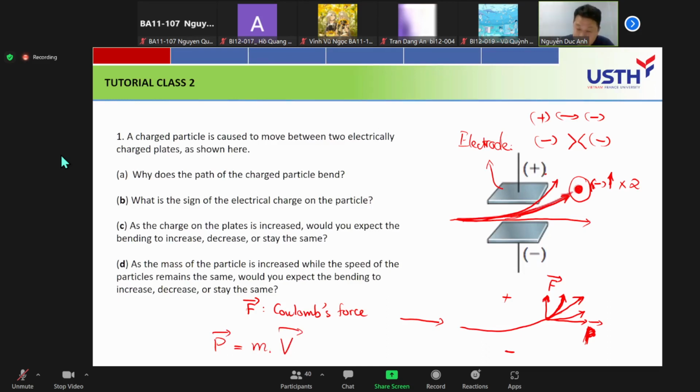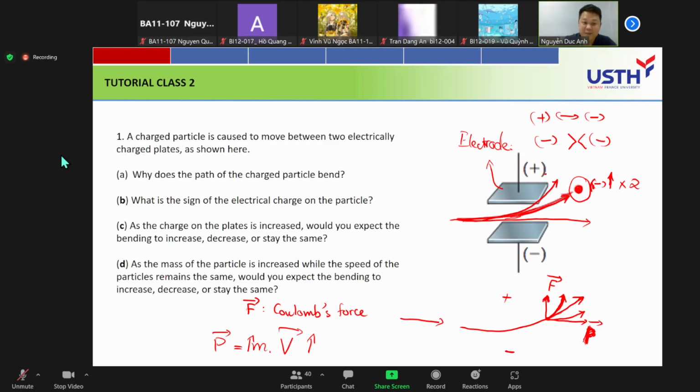So if you want to increase the linear momentum, you have to increase the mass or increase the velocity of the particles. So this one also helps you to answer the next questions.